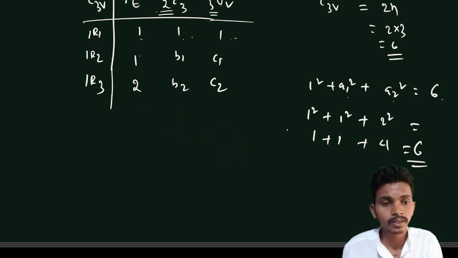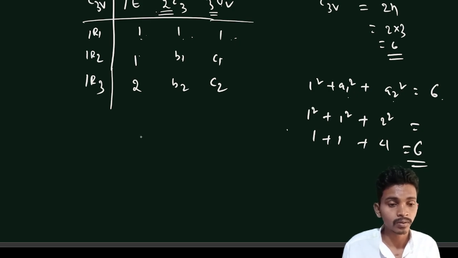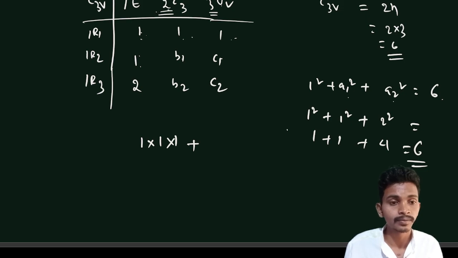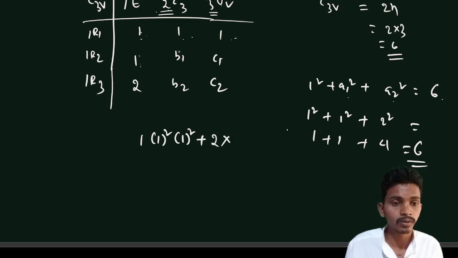Here the coefficient is 1, so coefficient 1 into this value 1 into this value 1, plus here 2. So this is 1 squared and this is again 1 squared, plus 2 into this 1.